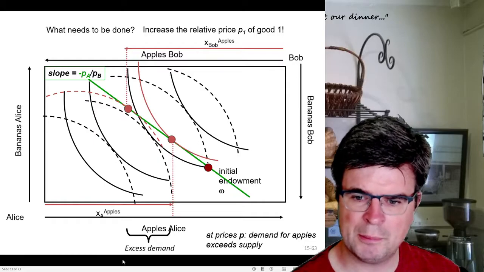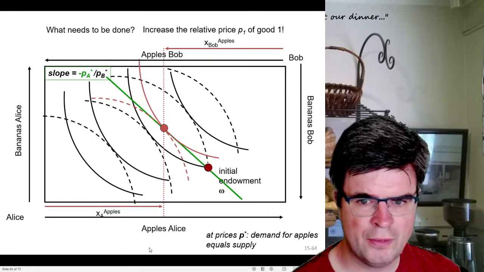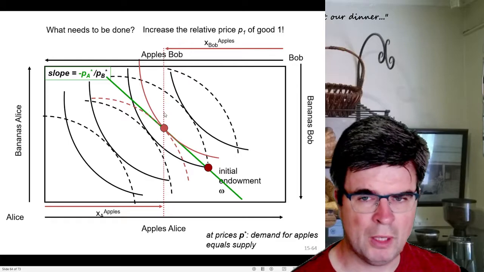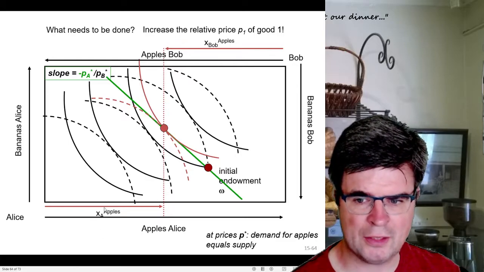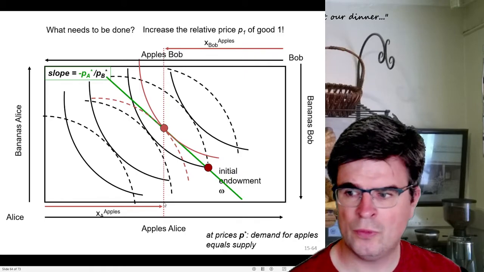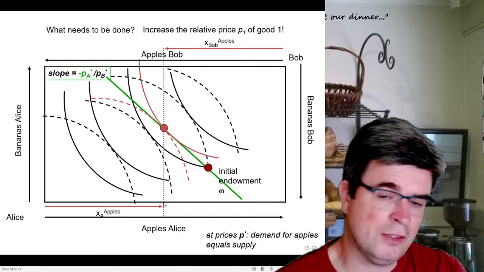Still no equilibrium, still excess demand for apples. But if we push up the price of apples far enough, then we will reach the point where the demand for apples by Alice and Bob in total is exactly identical to the total number of apples that's available in the economy, and the same for bananas.